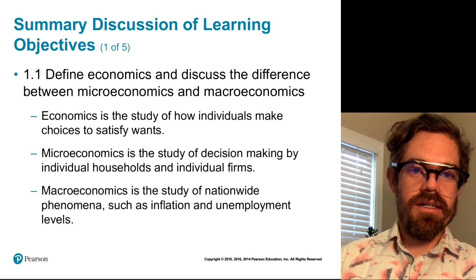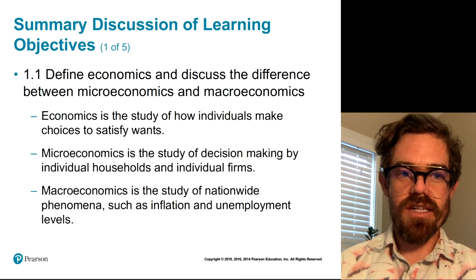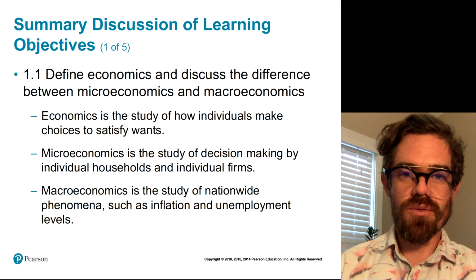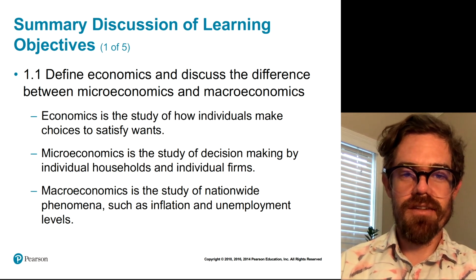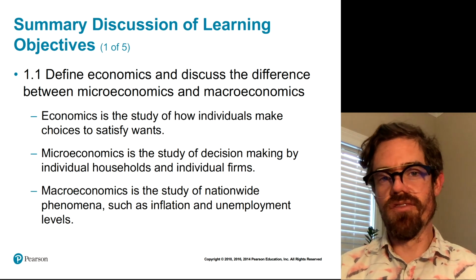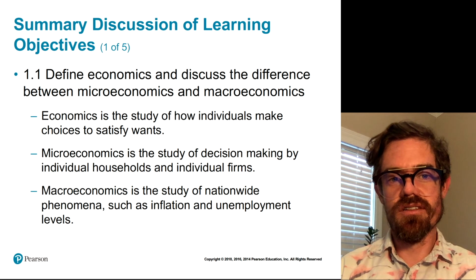All right, so that's chapter 1. We will look at Appendix A, which is at the end of chapter 1. But chapter 1 is complete, and at the end of every chapter, we go very quickly over just some of the summary of the discussion of learning objectives.